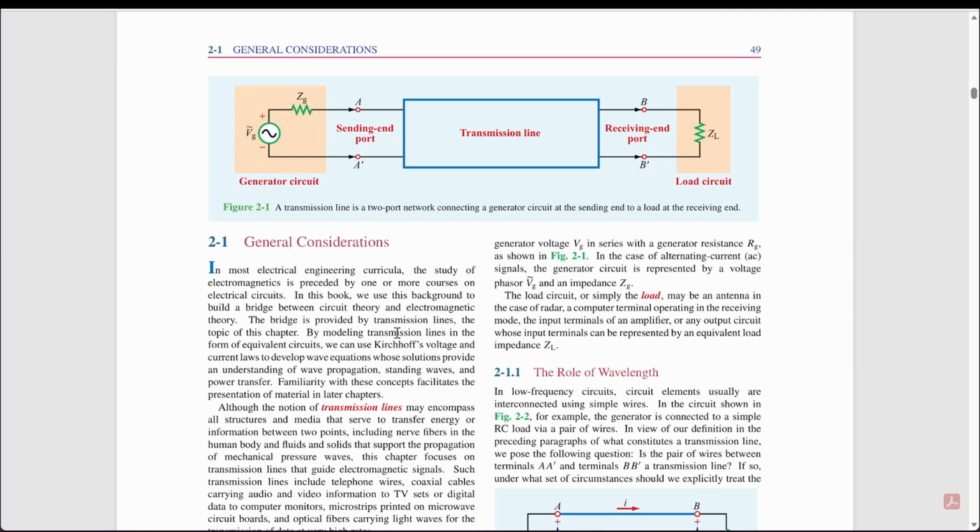By modeling transmission lines in the form of equivalent circuits, we can use Kirchhoff's voltage law and current law to develop wave equations whose solution provides an understanding of wave propagation, standing waves, and power transfer. Familiarity with these concepts facilitates the presentation of material in later chapters. So it's just the basics for something incoming.